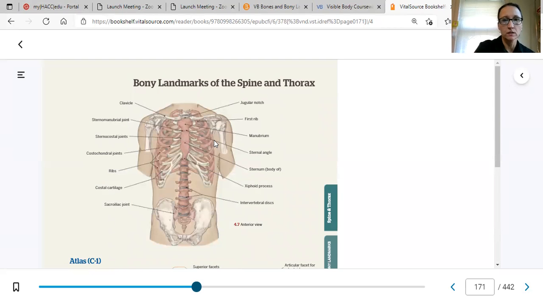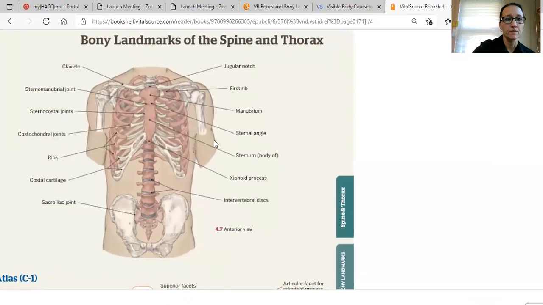If we turn the spine around, it looks very, very different, right? In fact, so different that it's hard to tell what things are at first. So these are what the spine and vertebrae look like on the anterior.